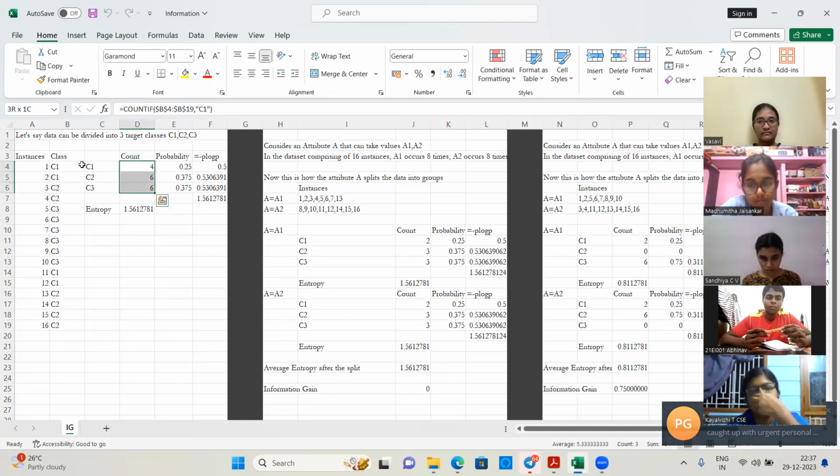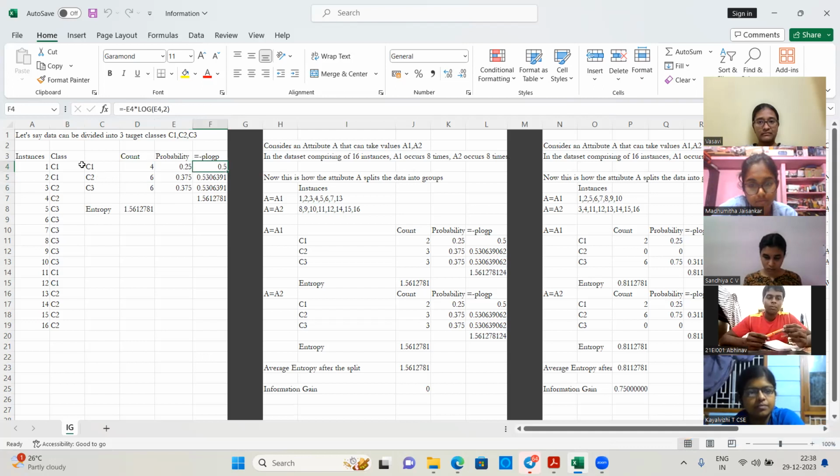There was a certain distribution. The attribute A, which took 2 values, A1 and A2, split the data. And if it just so turns out that this distribution is exactly the same as the original distribution, then this attribute is practically useless. Because the whole idea of doing the split is to get to a different distribution so that you can reduce the entropy. That's the whole idea. All right. And that's the basic principle.